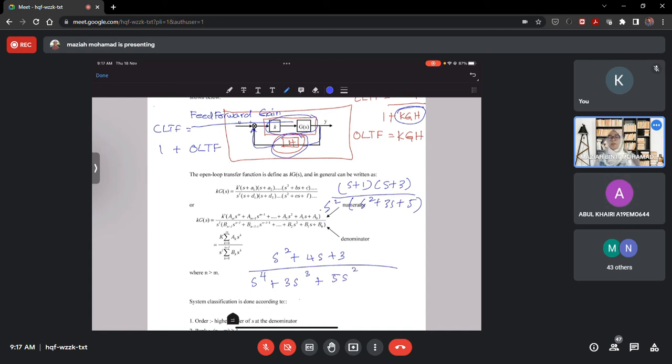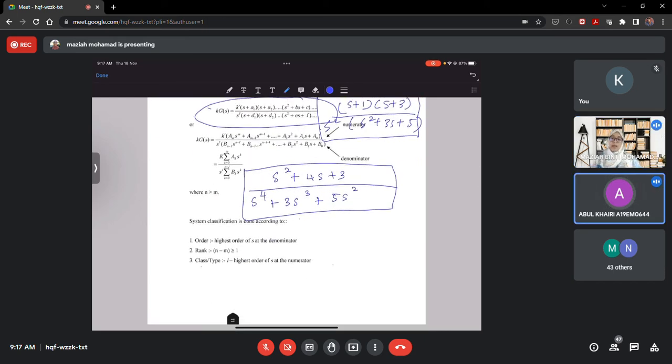You may find the transfer function in either form. S means it is in Laplace form. So by knowing the open loop transfer function, we can do the classification.